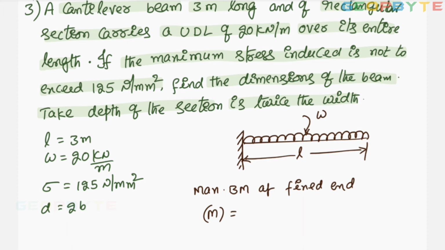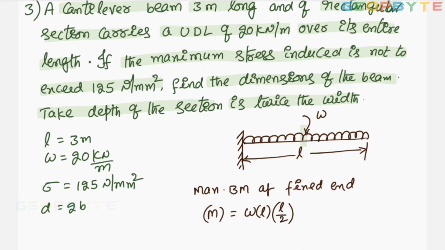First you convert from UDL to point load: UDL multiplied by UDL distance. Assume that the point load is acting at the middle. From that middle point, the distance up to the fixed end is L by 2.